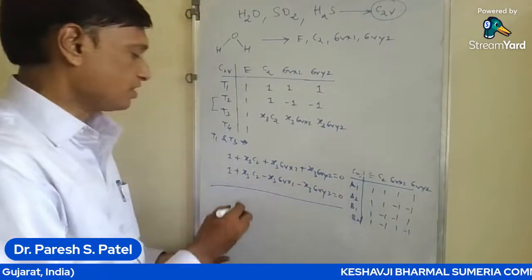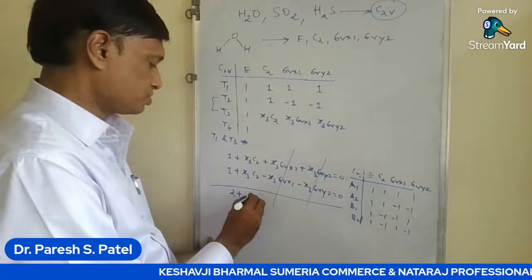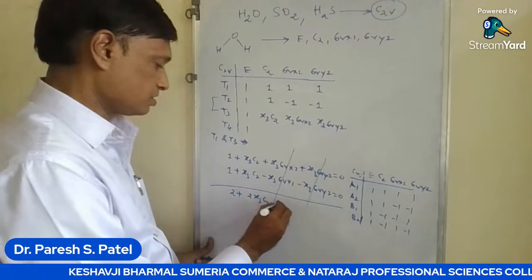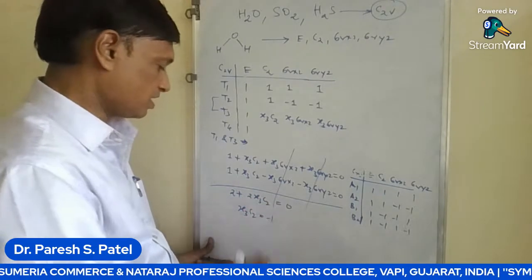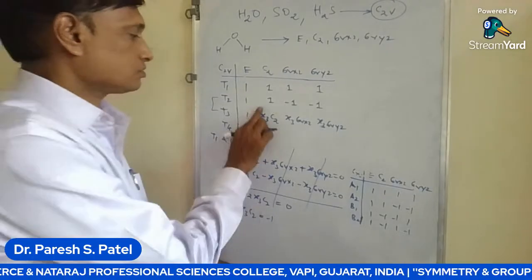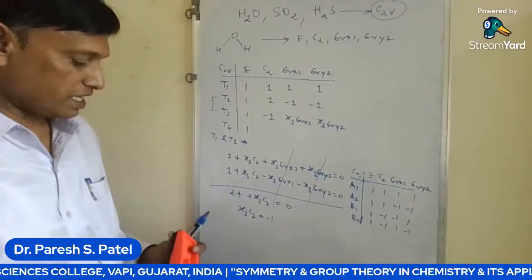Now add the two equations, so both are cancelled out. So 2 plus 2 character 3 C2 is equal to 0. It means character 3 C2 is equal to -1. Now substitute this value in the above equation.